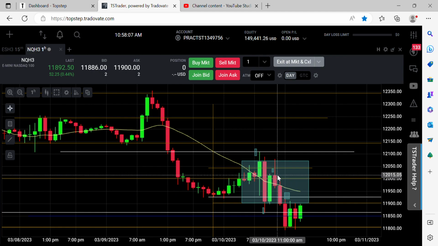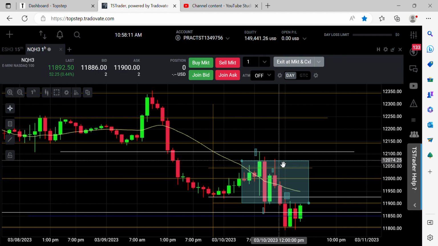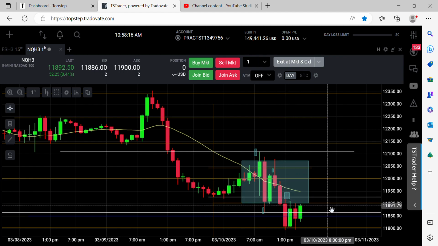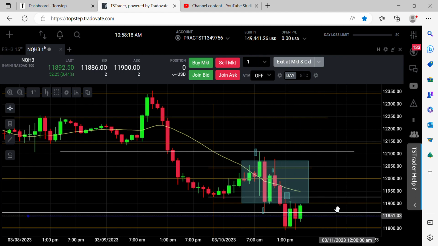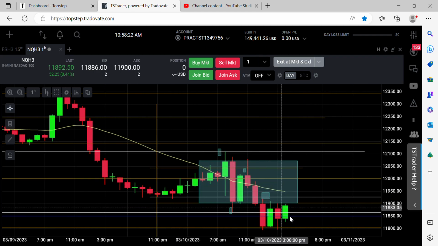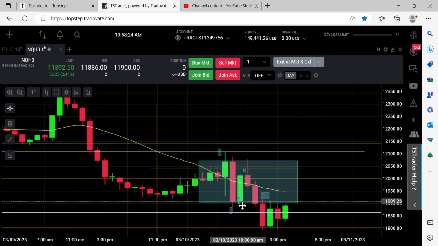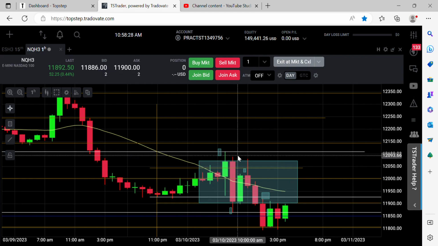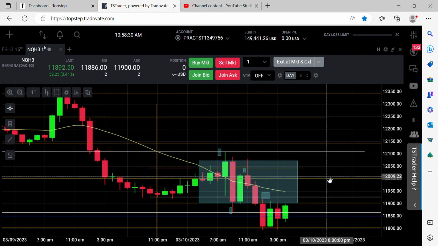Time to get out. No, I do like that. Interesting. Hourly is interesting, but then again, these longer time frames, you can't really play around too much because you have to get in at the absolute best point because you're going to eat so much.